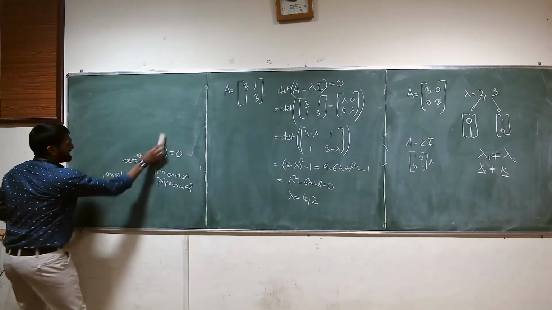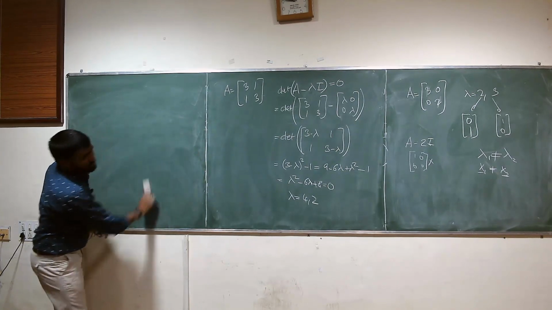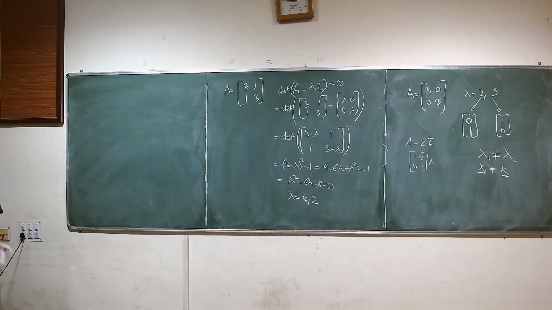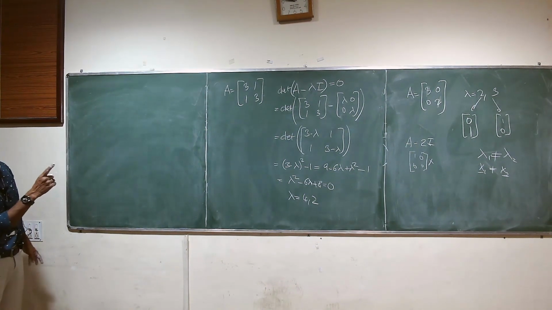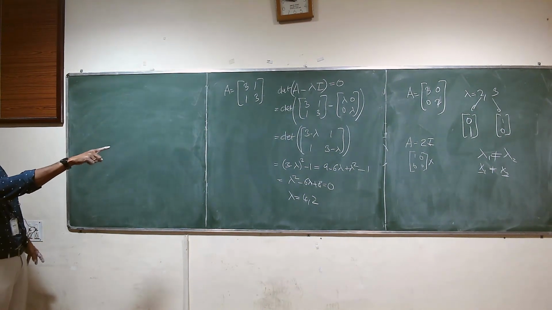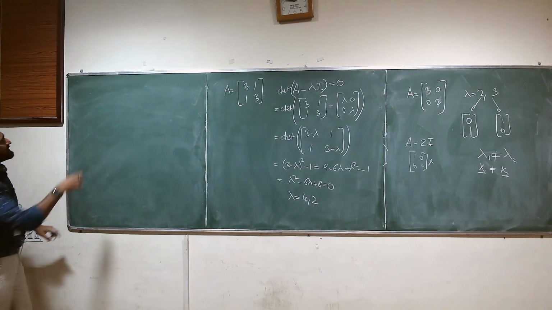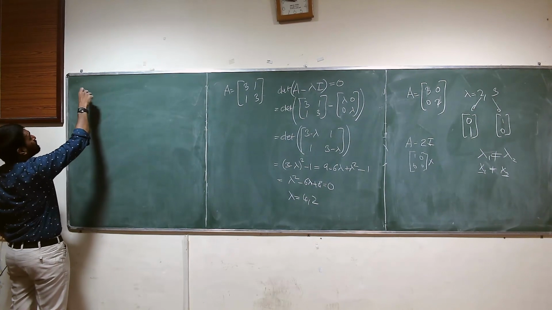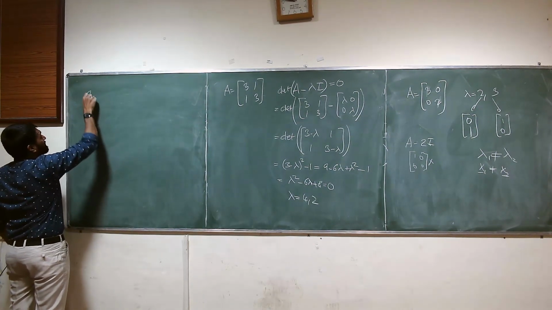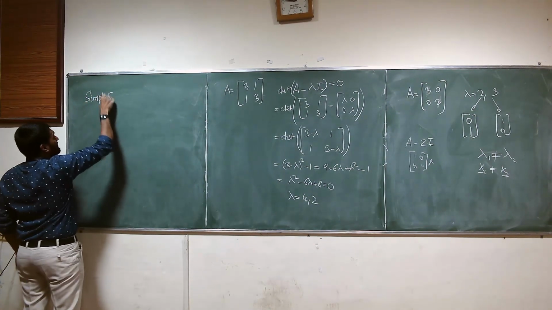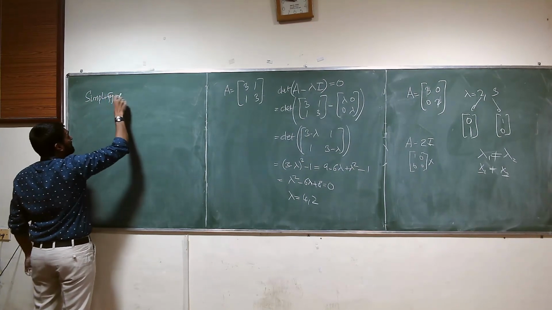I said where eigenvalues and eigenvectors are useful. I'll simply introduce the idea now and then we'll discuss this next class. This idea of looking at the eigenvalues and eigenvectors also has a useful application in understanding linear transformations.